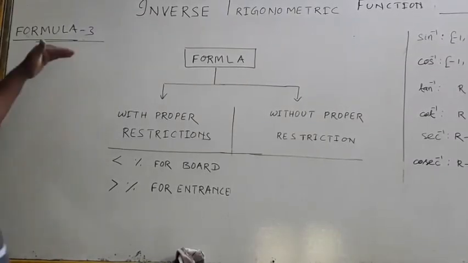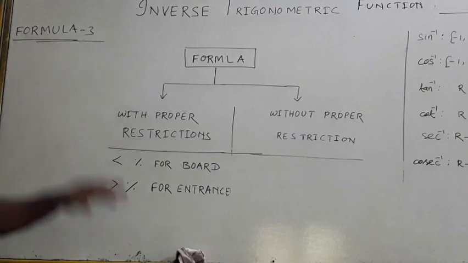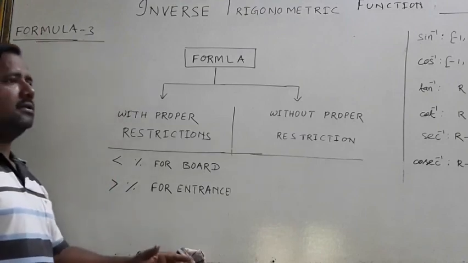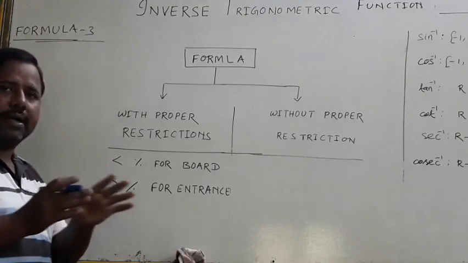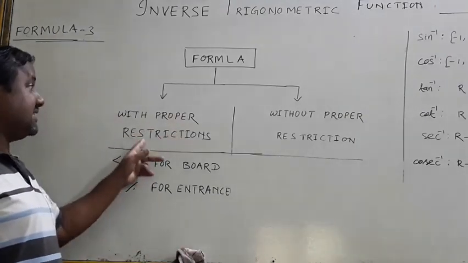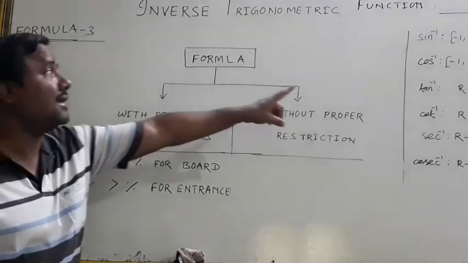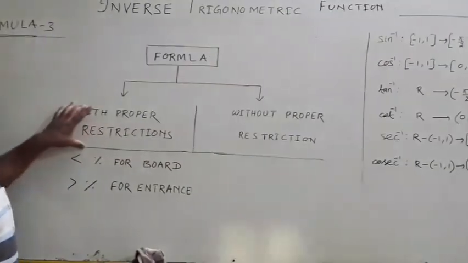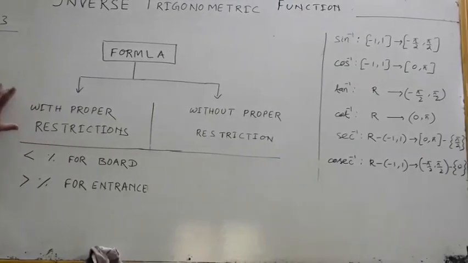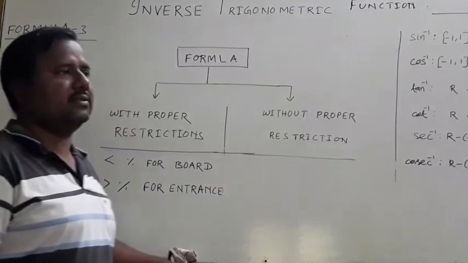Now from formula 3, 4, 5 onwards, my formulas are divided into two parts. First part with proper restrictions, not that restriction, now new restrictions. With proper restrictions, and without proper restrictions.